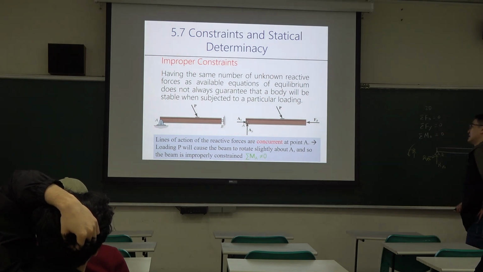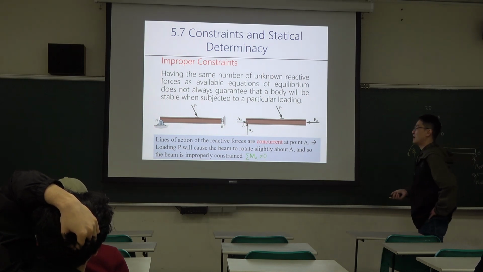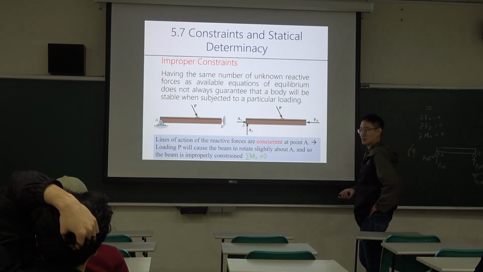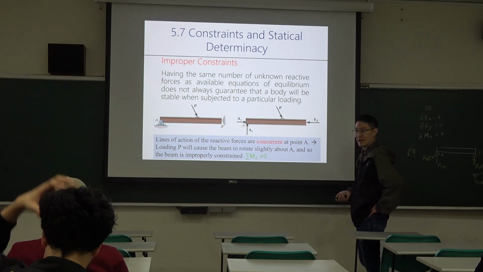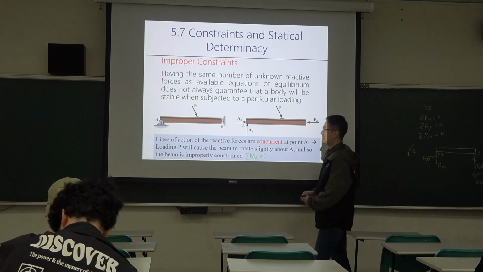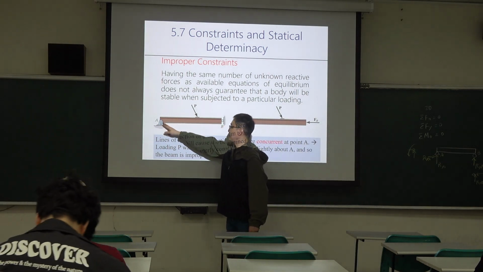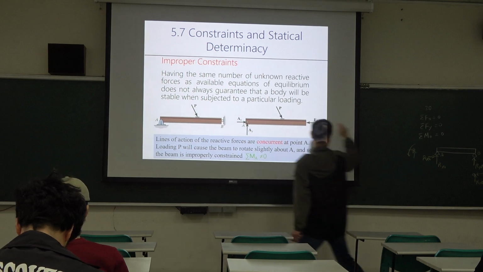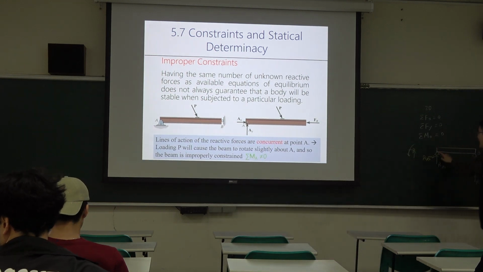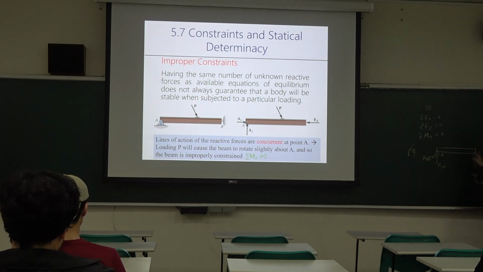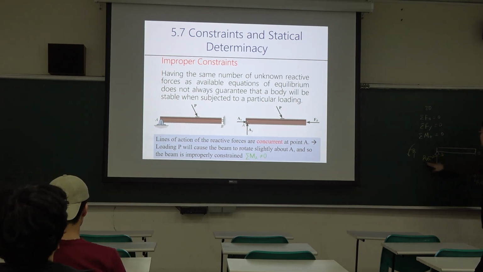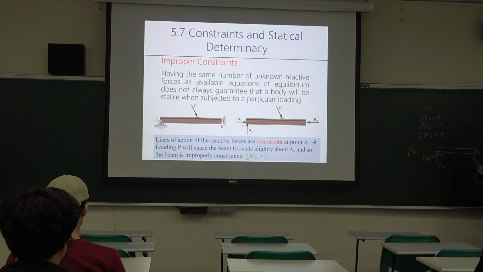Then the next part we talk about improper constraint. That means this kind of support is not a proper design. What is not a proper design? For a 2D problem, theoretically one side is a hinge and the other side is a roller, so it can provide reactions like this.